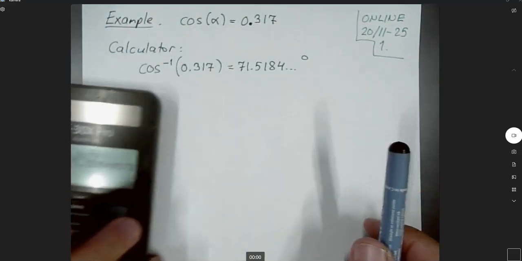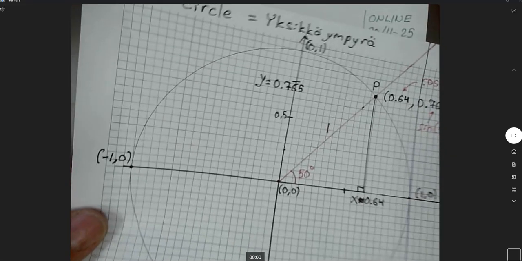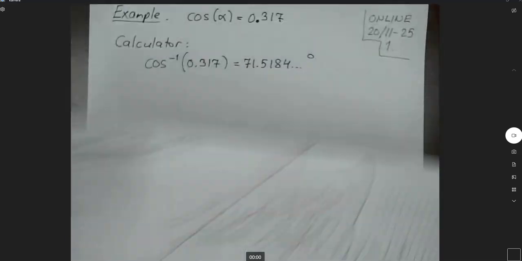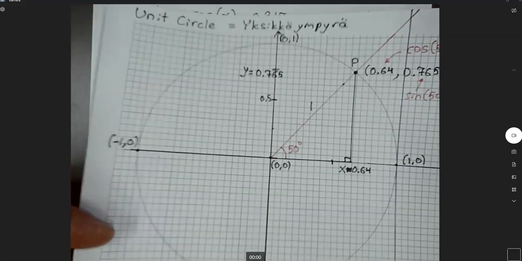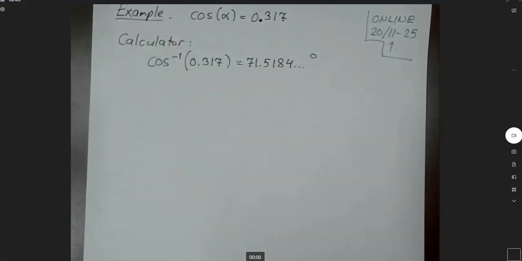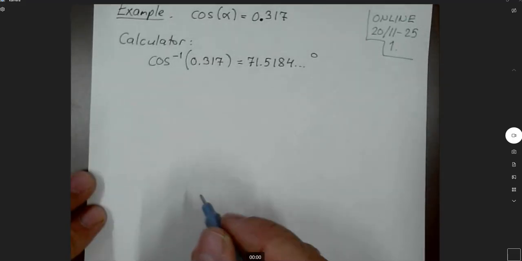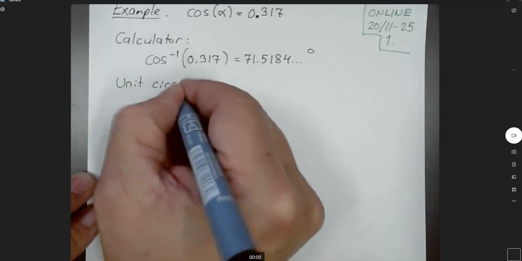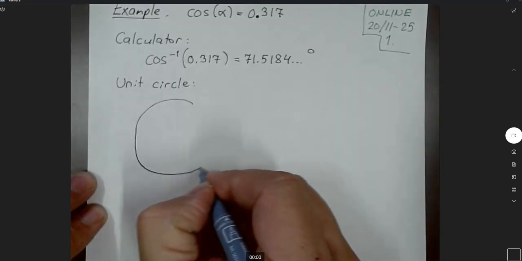Then I could use this unit circle here, but I'm not going to use it, because usually you don't have these unit circles with you when you are solving these kinds of equations. Let's draw that by hand. I will draw some kind of circle here.